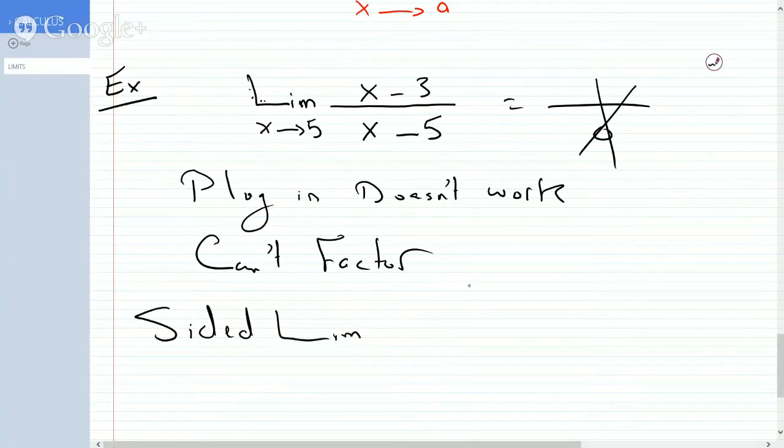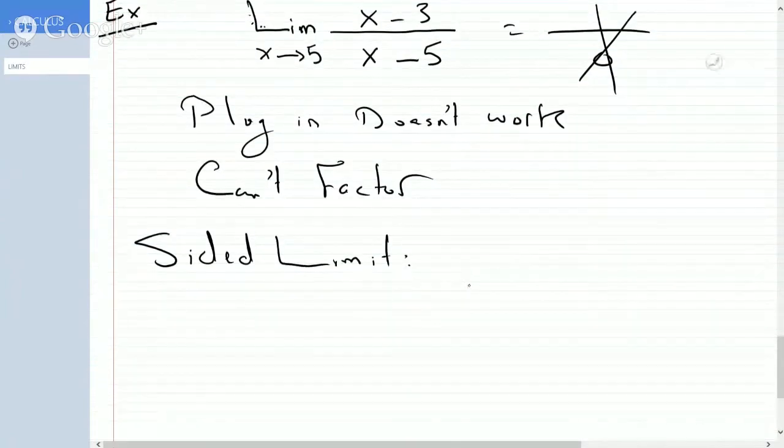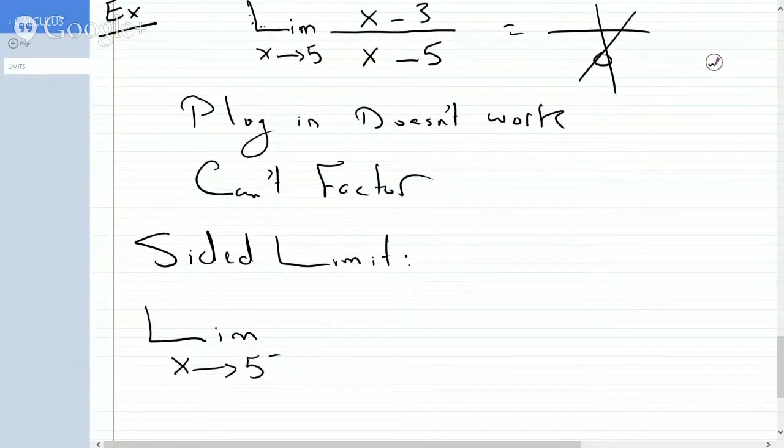What should we do? Since the limit is 5, we do 4.99. So we take the limit as x goes to 5, let's go at it from the left, so that's 5 minus, so yeah, that's 4.999. First let's just write the function, x minus 3 over x minus 5.